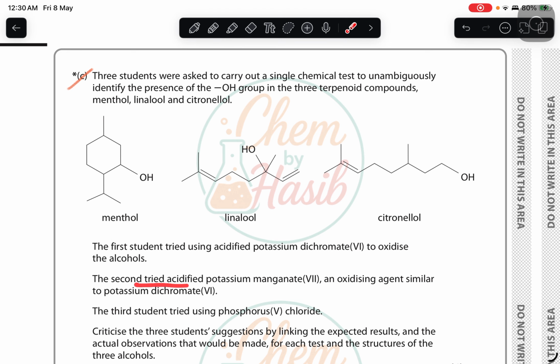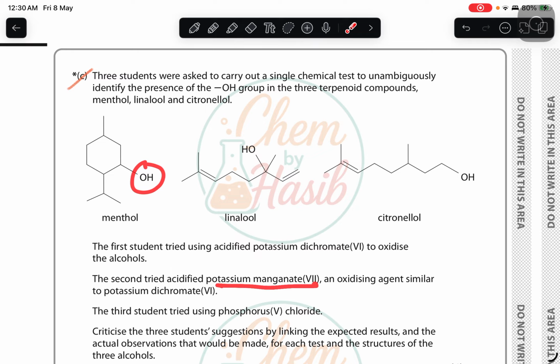The second tried potassium manganate(VII), an oxidizing agent similar to potassium dichromate. If you use potassium manganate(VII), all the 3 compounds will turn it from purple to colorless, because it will oxidize all of them. Menthol is a 2-degree alcohol, so it will get oxidized.